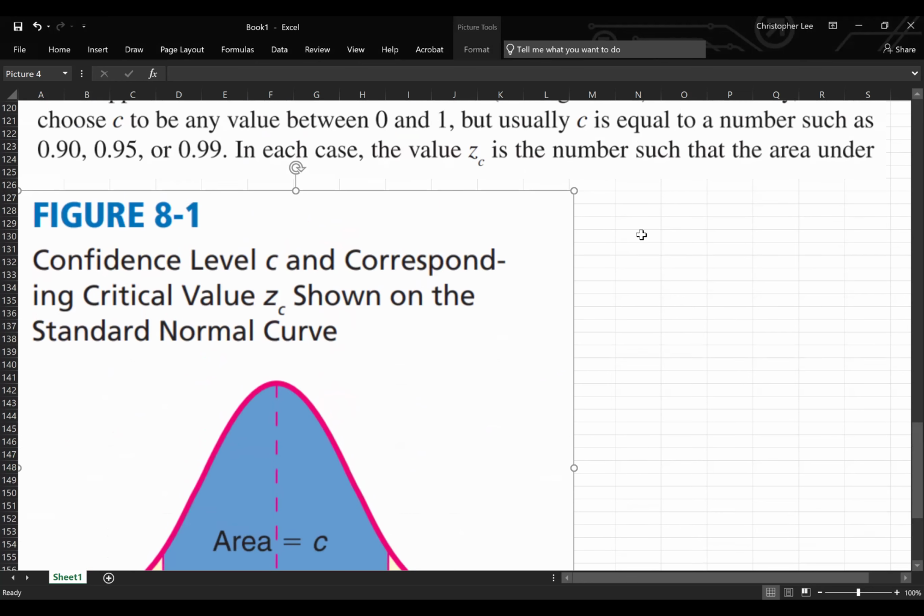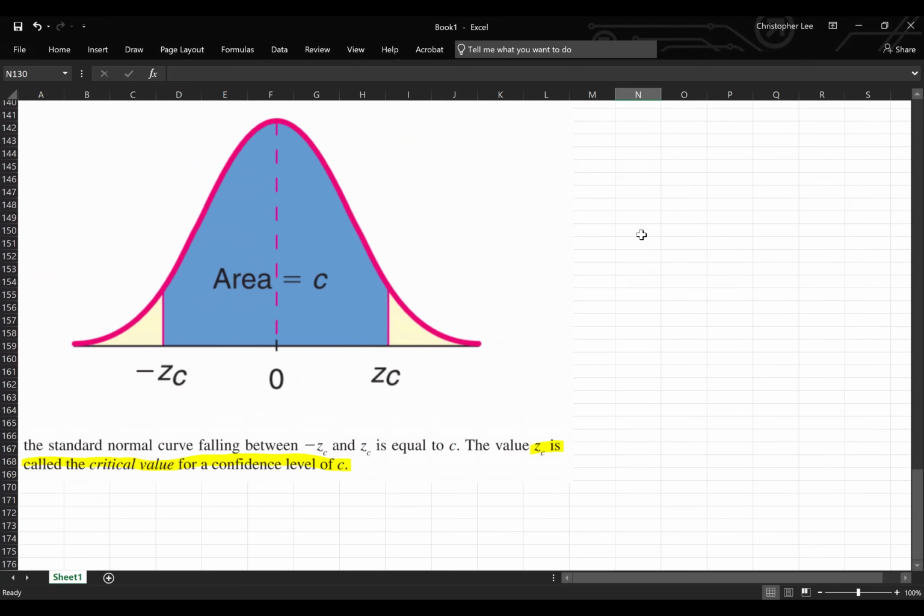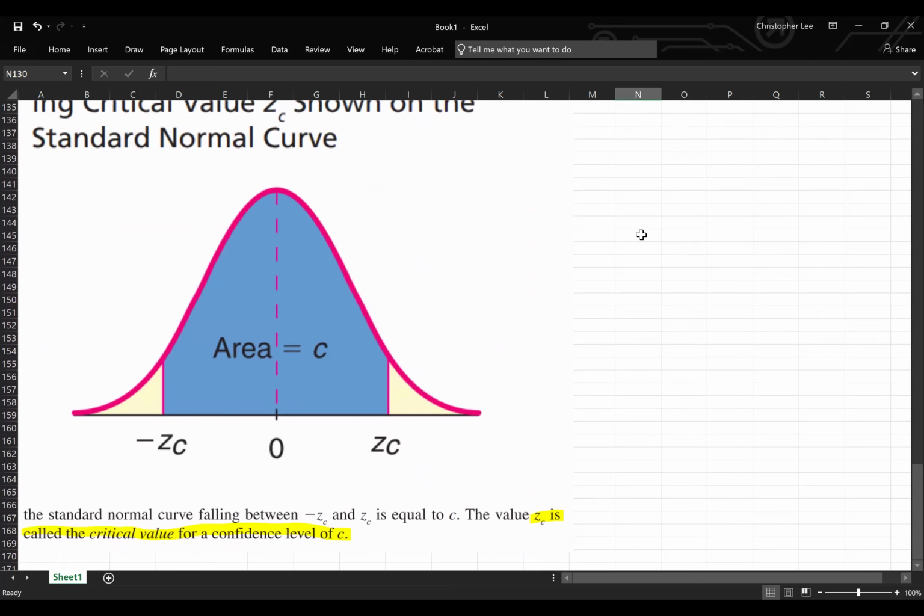So in each case, the value of Z critical is a number such that the area under the standard normal curve falling between negative Z critical and Z critical is equal to C, right? So the value of Z critical is called the critical value for a confidence level of C, all right?